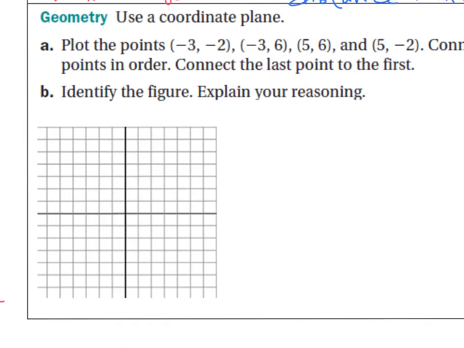So we have -3, -2. -3, 6. 5, 6. And 5, -2.